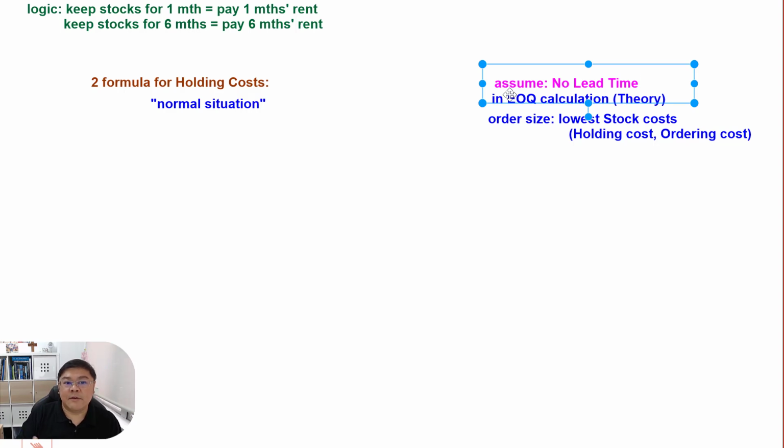When you say you have no lead time, that means the moment you pick up your phone or place an order on your computer, you just turn to the side and the goods just appear right in front of your very eyes.